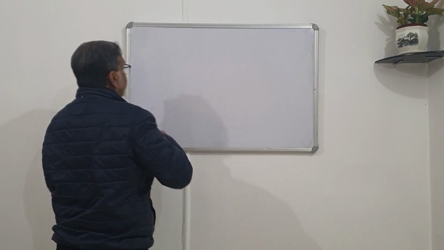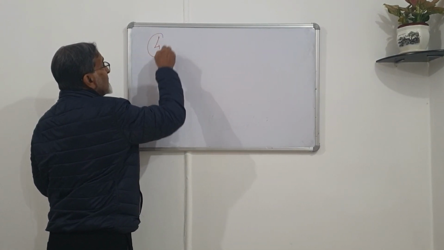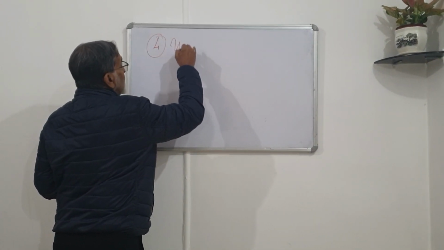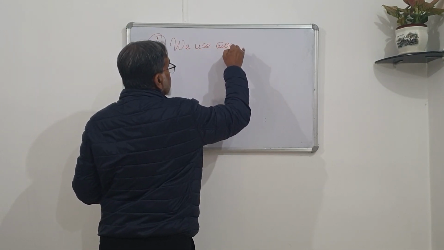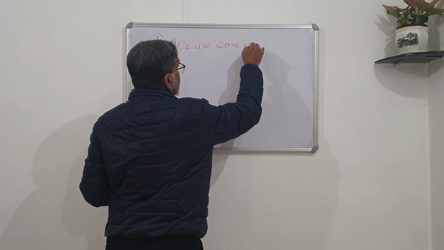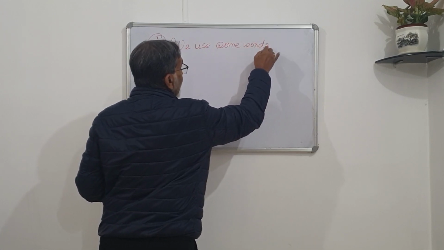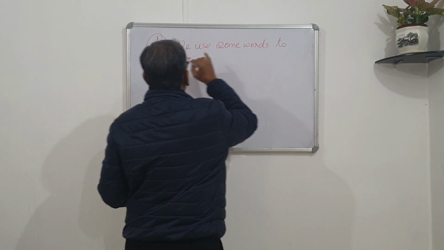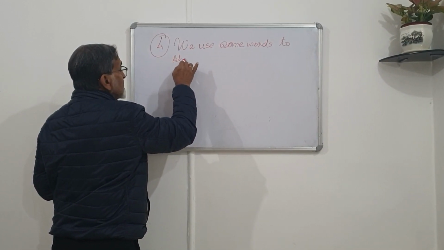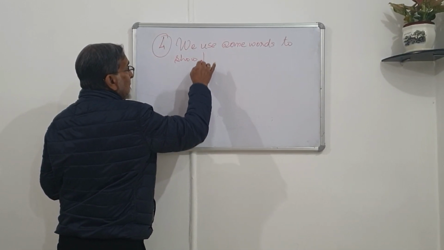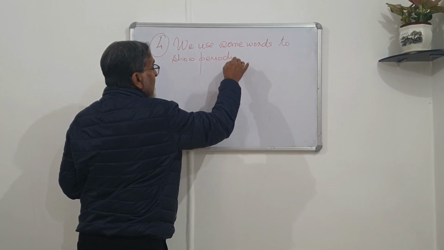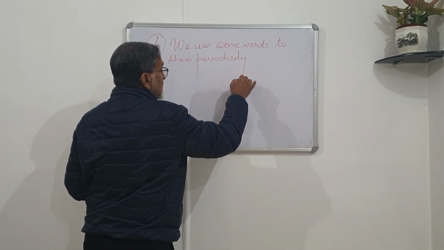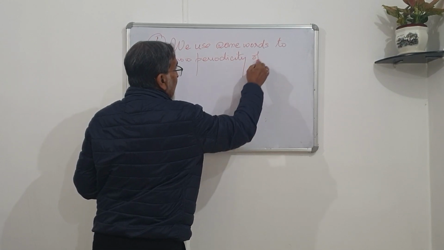My mistake. 4th point is we use some words to show periodicity of action.